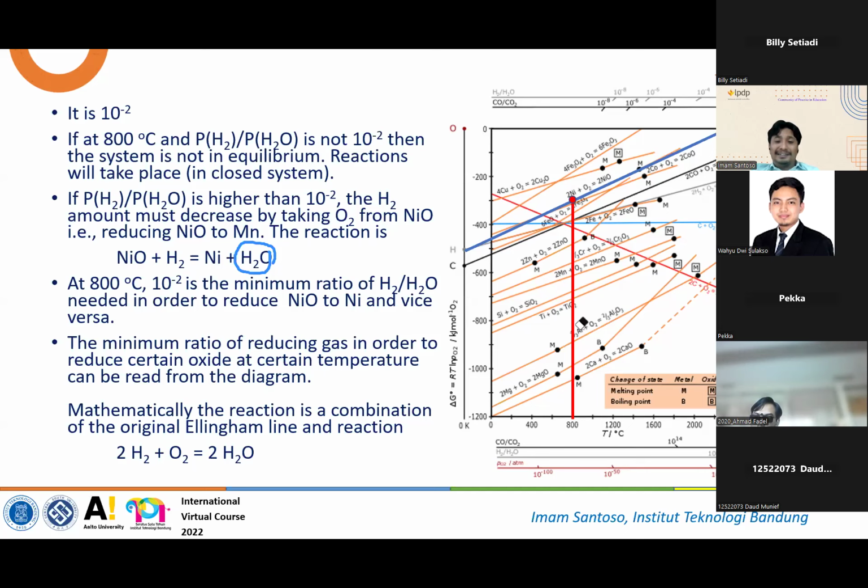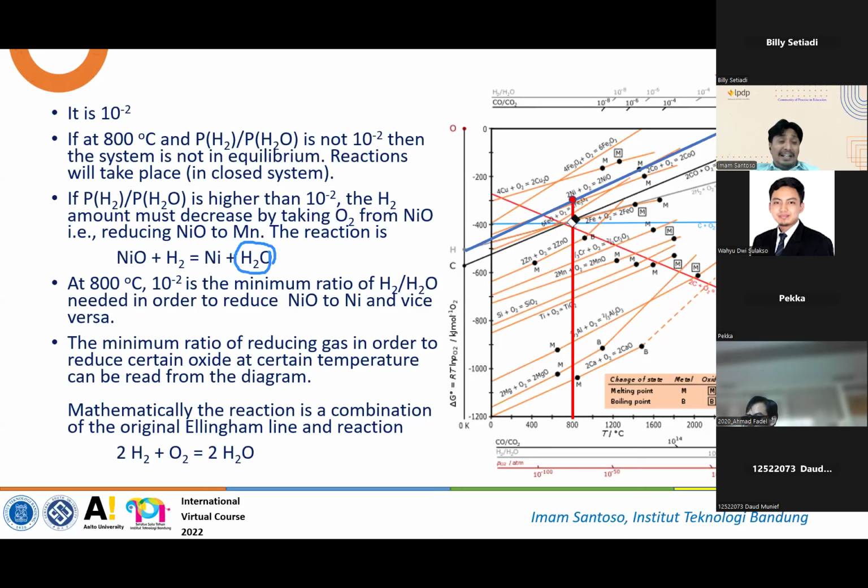I mean the H2 and H2O ratio. What is the limit? For example, the limit is 10,000 or 100 or something. We just draw it.